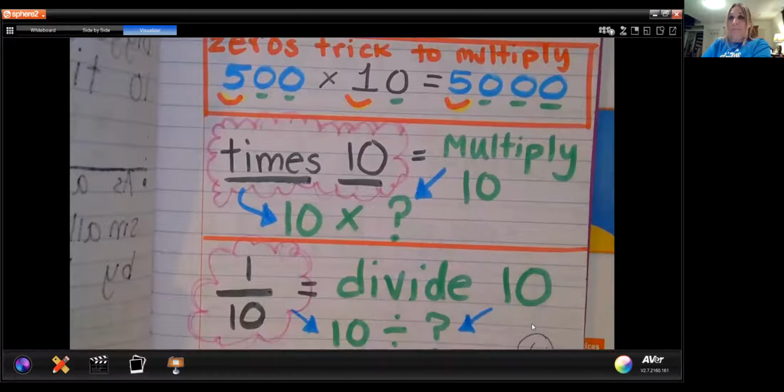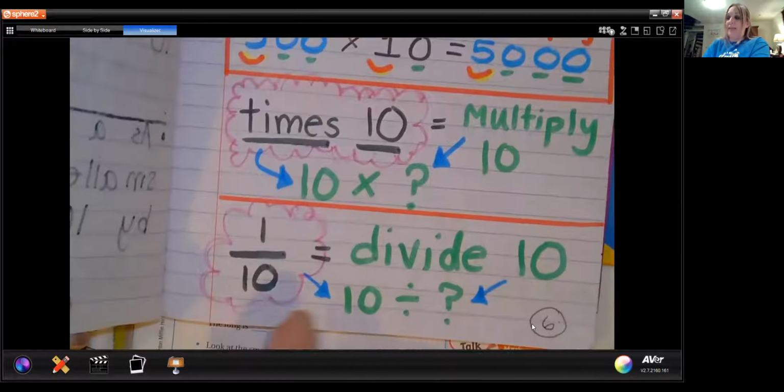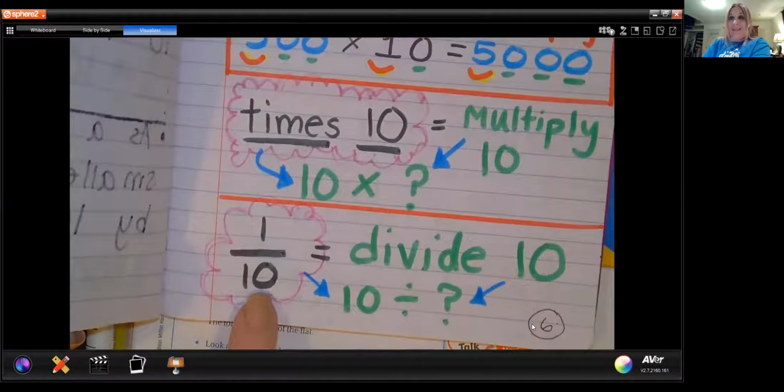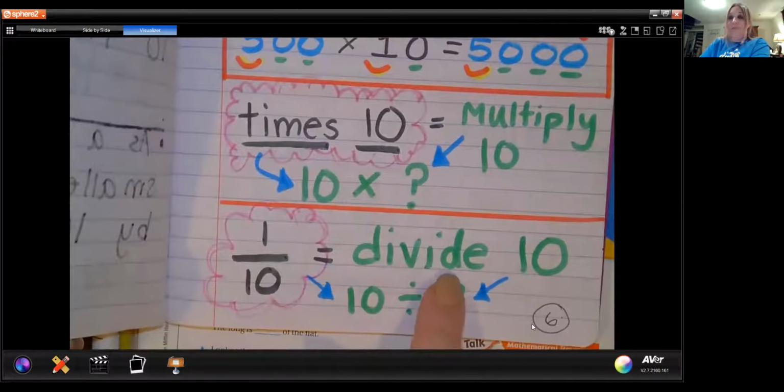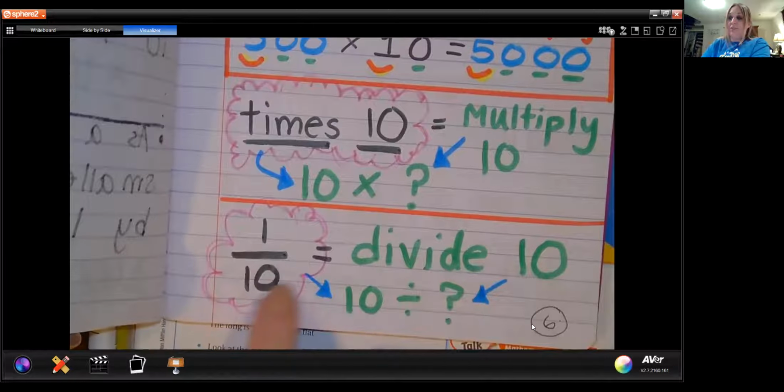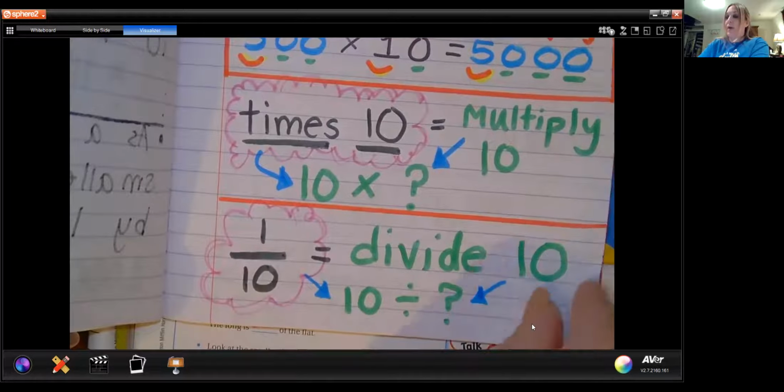Anytime we see 1 over 10 or 1/10, that means that we divide the number by 10. And this is the trickiest part for students, but guess what? It's not going to be hard for you. You guys are going to get the hang of it really quick.